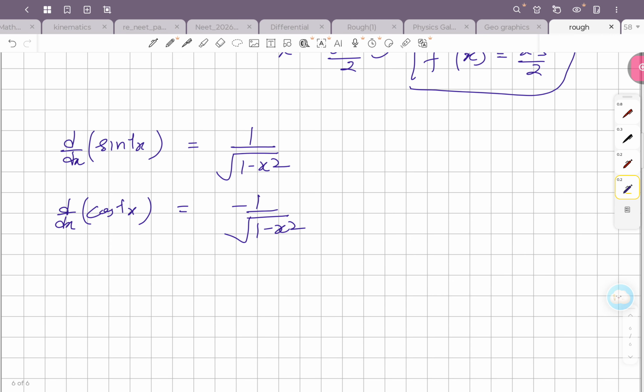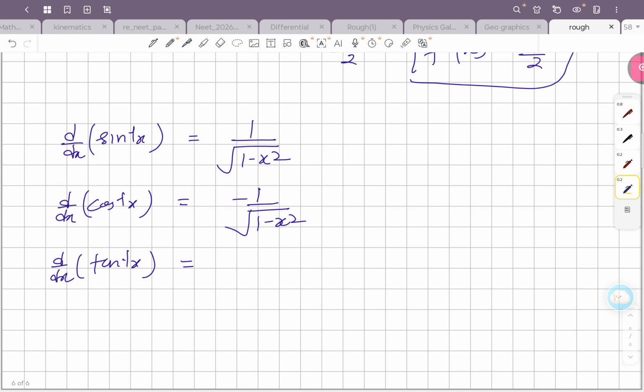Next, tan inverse x: d by dx of tan inverse x is equal to 1 by 1 plus x square. Same thing, if I differentiate cot inverse x, it is equal to minus 1 by 1 plus x square.